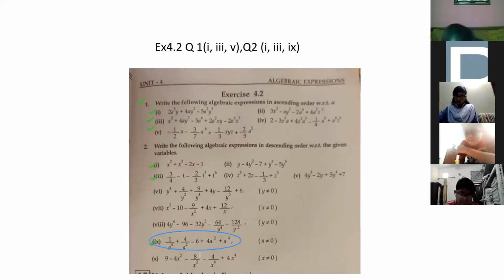Minus 6. Very good. Plus 4/a square. Very good. Plus 1/a to the power 4. Very, very good. Perfect. Shabash. So I got the correct answer from all my students today. Very good. Excellent.